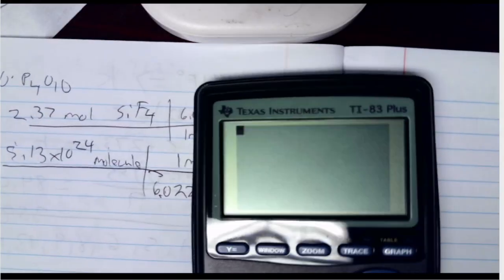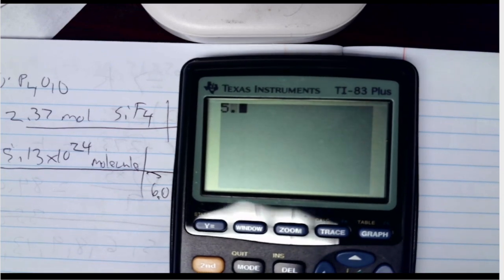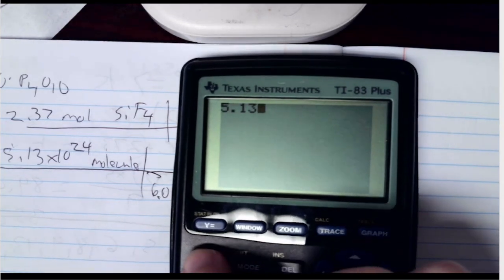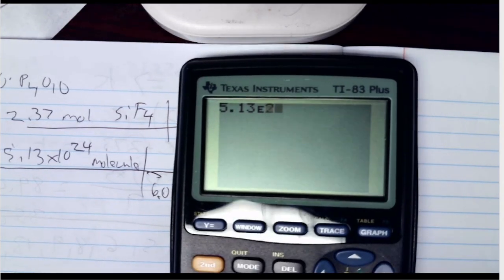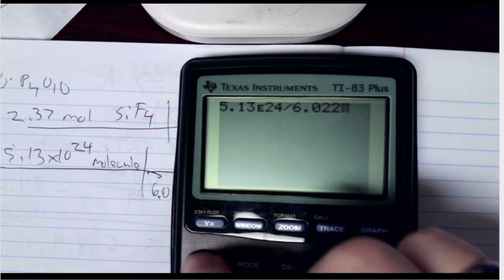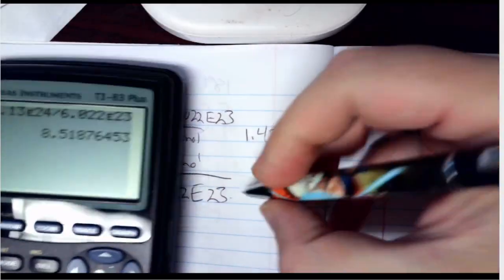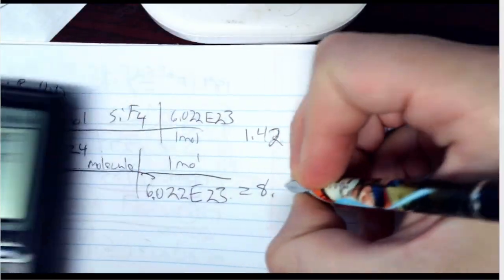So how can I fix that? The easiest way to fix that is by using the double E button. 5.13 double E 24 divided by 6.022 double E 23. And so my number of moles is 8.52.